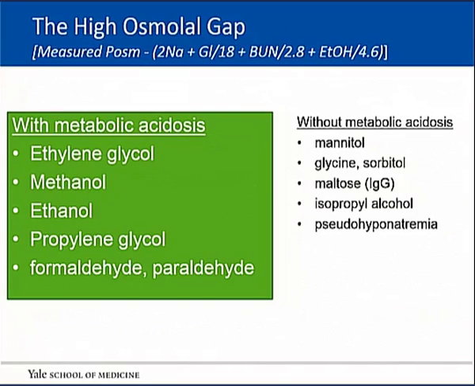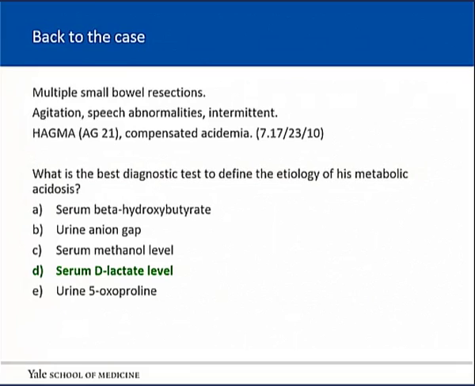And the things to remember whenever you see an osmolar gap are ethylene glycol, methanol, ethanol, obviously, propylene glycol, primarily relevant in patients on Ativan drips, probably the most common thing. Etomidate, if you really give a lot of etomidate, but largely Ativan drips, and formaldehyde and paraldehyde.